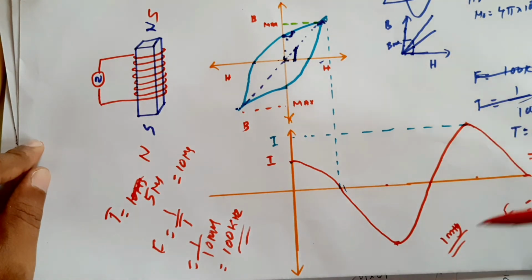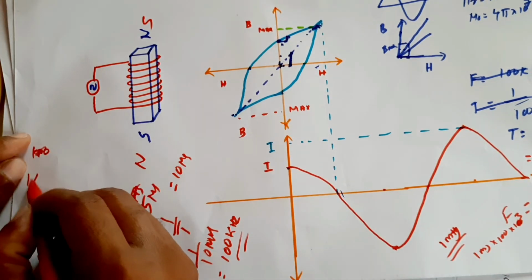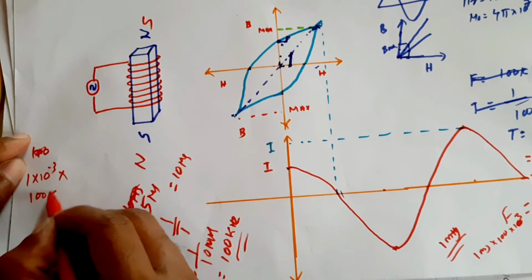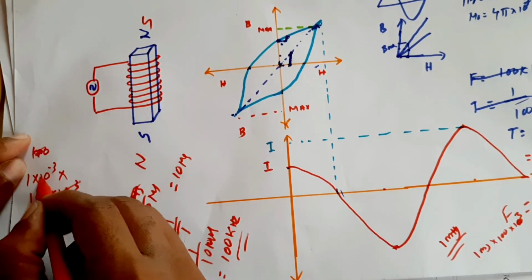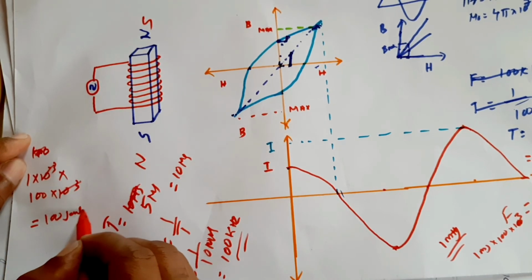For one cycle, we need an extra energy of 1 millijoule. So 1 millijoule into 100 kilohertz. 1 millijoule means 1 into 10 raised to minus 3, into 100 kilohertz means 100 into 10 raised to 3. This will give 100 joule of energy.